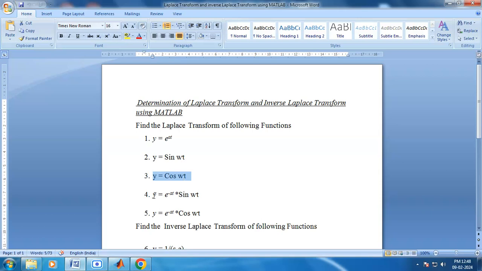What is y equal to e to the power minus at into sine omega t. Okay, so here the variables are a, t and omega, and t is already defined.